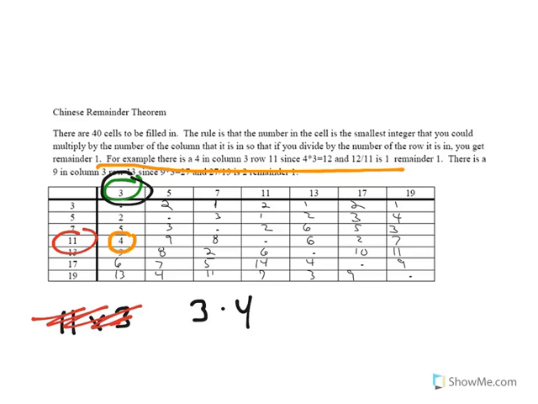It's 3 times 4, which would get us 1 mod 11. So it's 3 times 4 is 12. 12 divided by 11 gives a remainder 1.